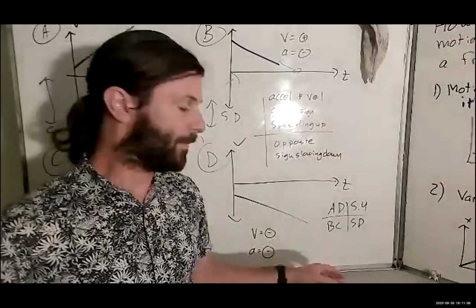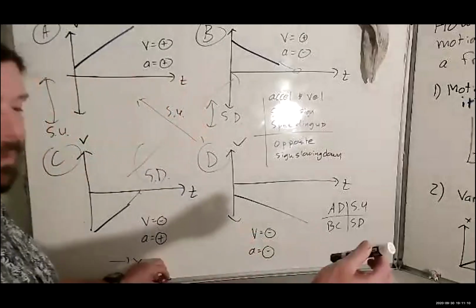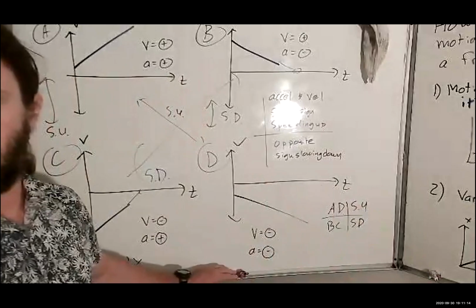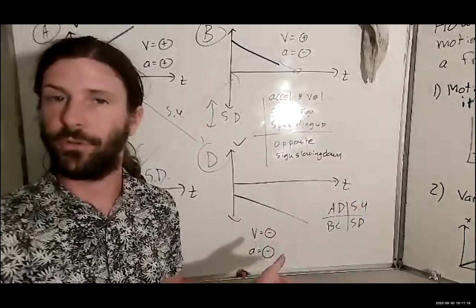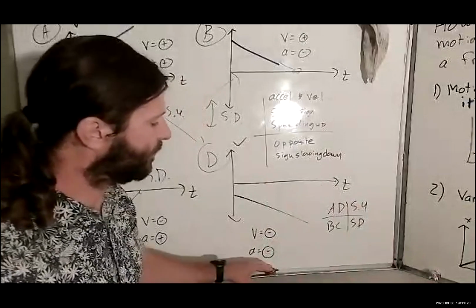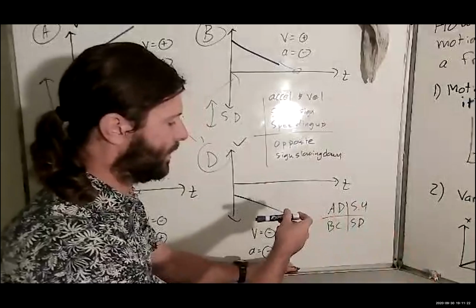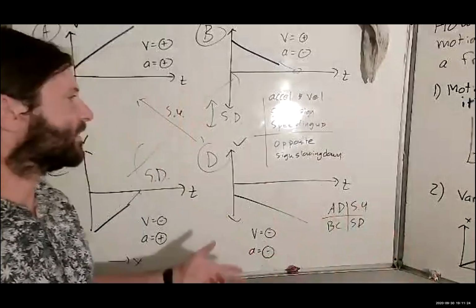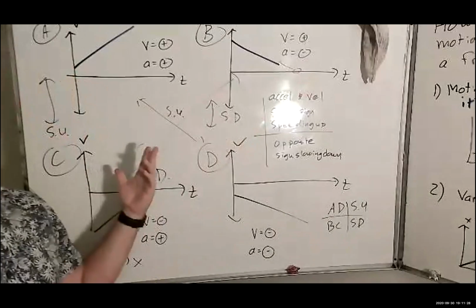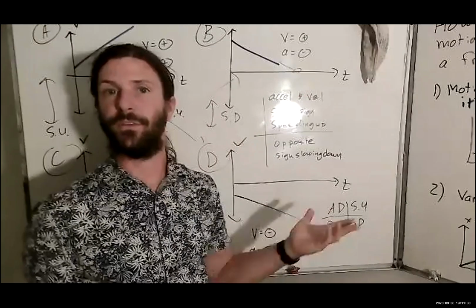The turtle's going to speed up. What happens if the turtle's going this way and acceleration is opposite? The turtle is going to slow down, right? Velocity positive, but it accelerates this way, it comes to a stop. That's why mixed signs mean slowing down, same signs mean speeding up.